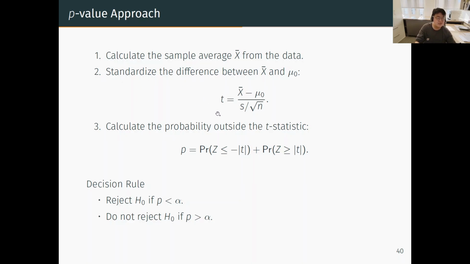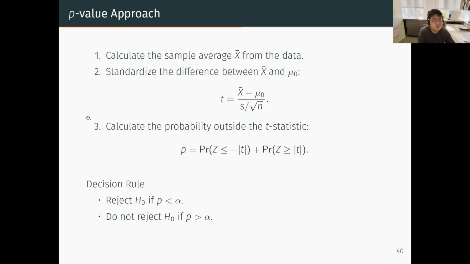The second step is calculating the t-statistic: data minus your hypothesis, standardized by the standard error of your sample average. That is the t-statistic. In the third step, you calculate the tail probability from the standard normal distribution using the t-statistic. It is about the ranking of unlikeliness, that is the p-value.